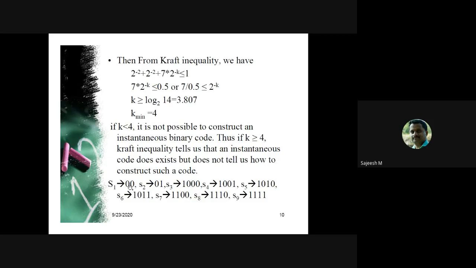Here 00 and 01 are used, therefore the next must start with 1, therefore 1000, like that: 1001, 1010, 1011, 1100, 1101, 1110, 1111.